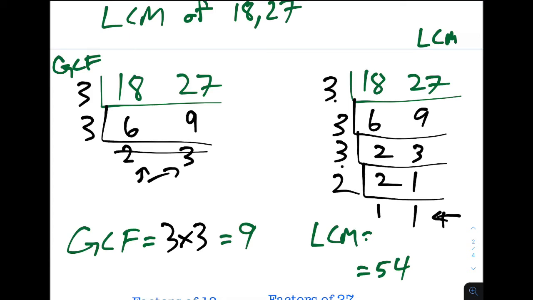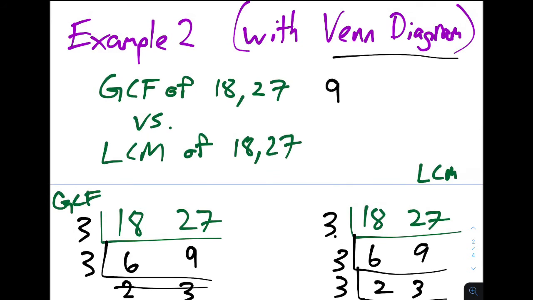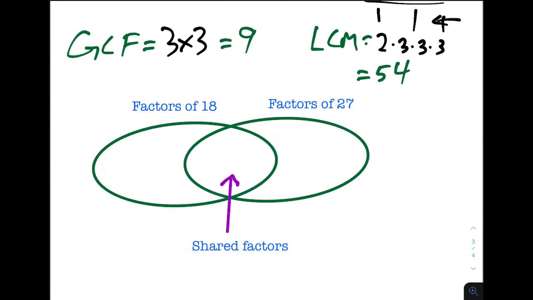And 3 times 3 times 3 times 2, or we could say 2 times 3 cubed. Either way, that's going to be 54. So we can say the GCF of 18 and 27 is 9, and the LCM of 18 and 27 is 54.